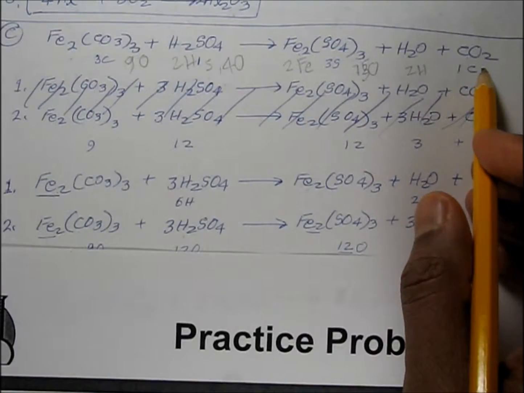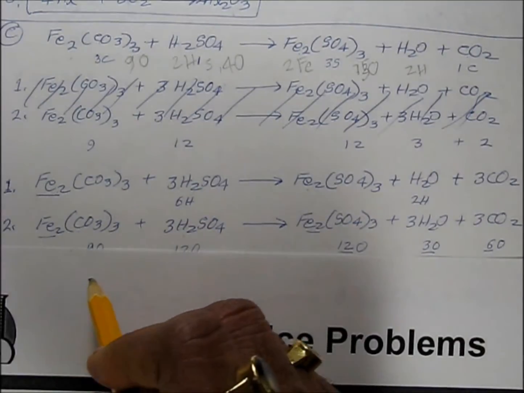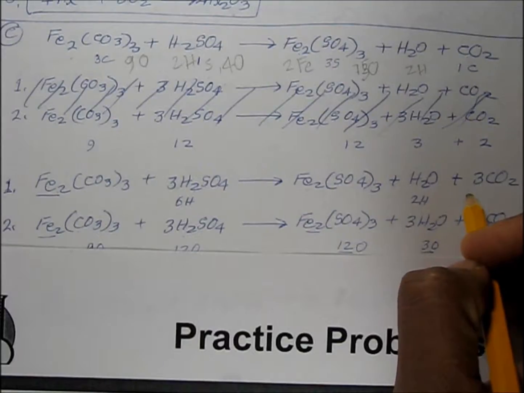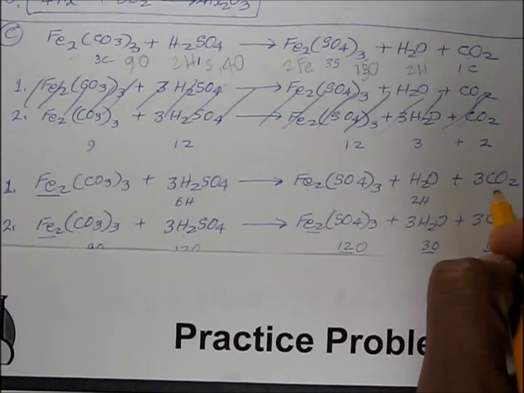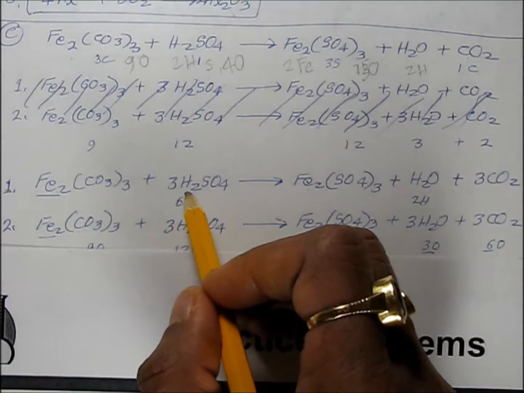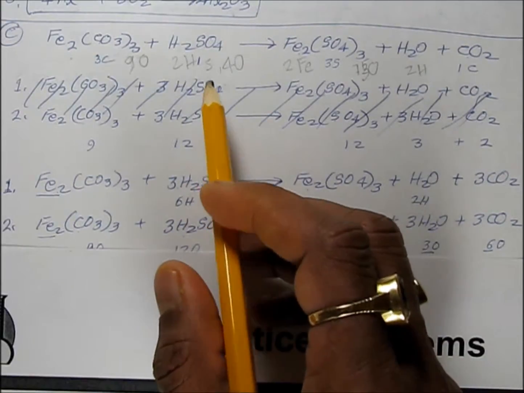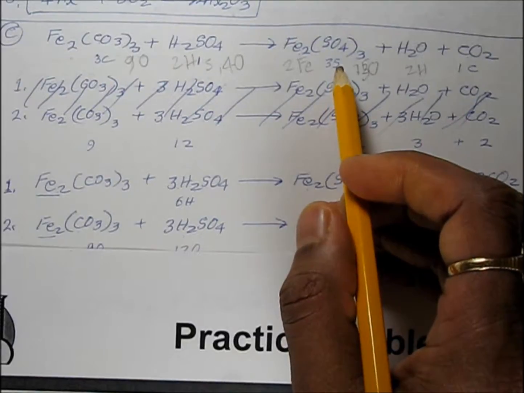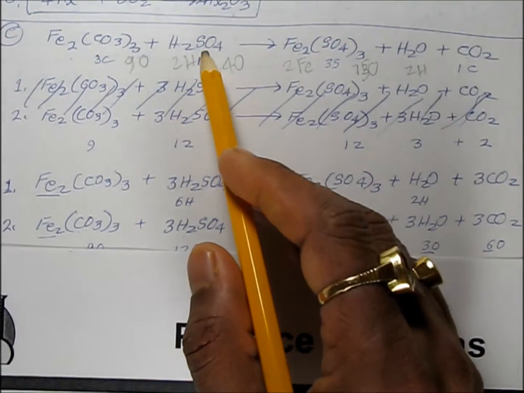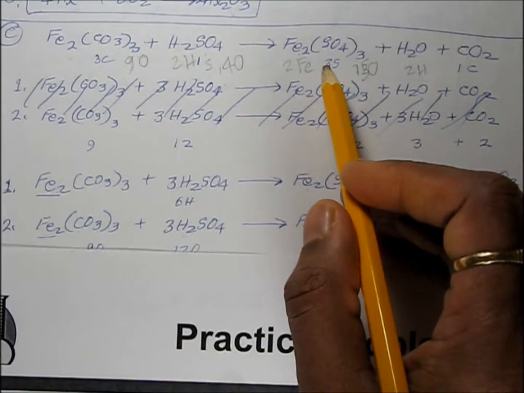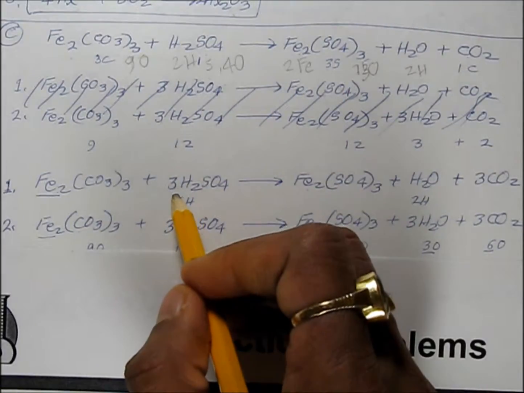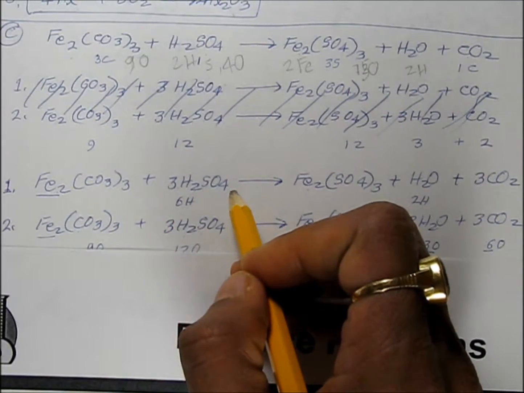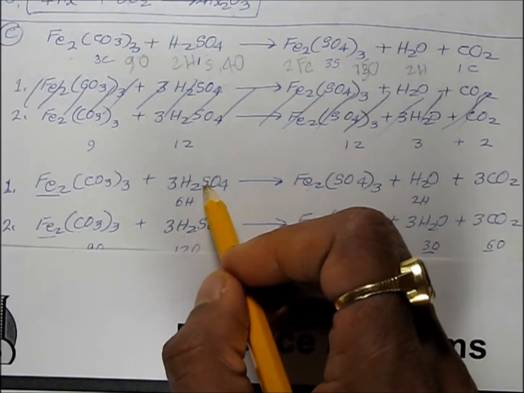So once you add 3 carbon, and then you can see 1 sulfur is here and 3 sulfur are here. So we will add one more coefficient in front of sulfuric acid, 3, to make sulfur 3.